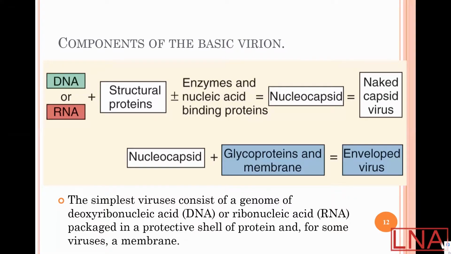It's very simple. Take a DNA, put it inside a protein structure, and you have a naked capsid virus. To make an enveloped virus, we have to surround all this structure of the naked nucleocapsid virus by glycoproteins and membrane, and we will have an enveloped virus.